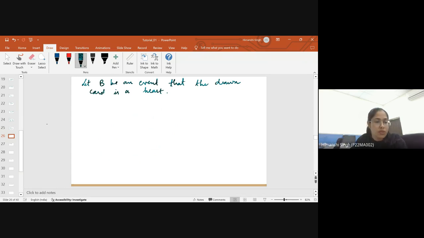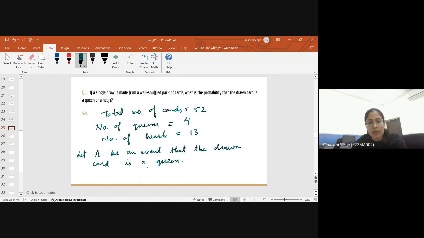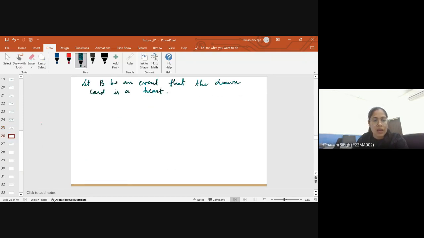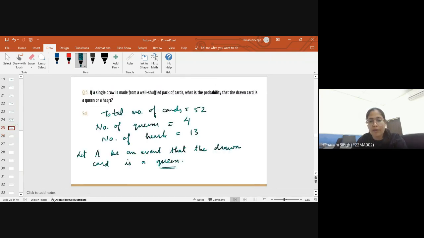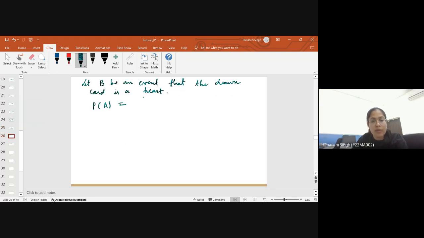So, since we know these two events, that the drawn card is a queen and the drawn card is a heart, what will be the probability that the drawn card is a queen? How many favorable outcomes do we have for queen? We have four favorable outcomes, and the total outcomes are 52. So the probability that the drawn card is a queen will be 4 by 52.